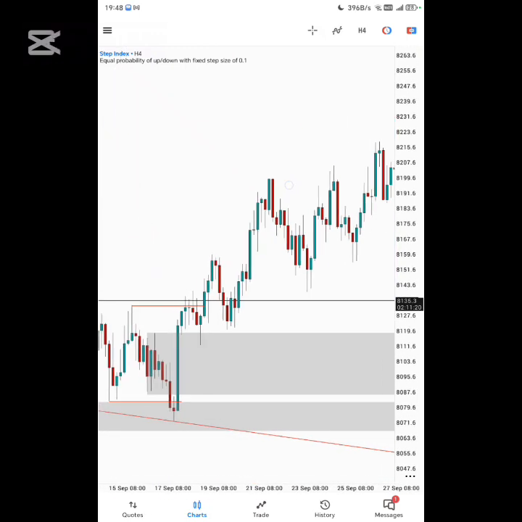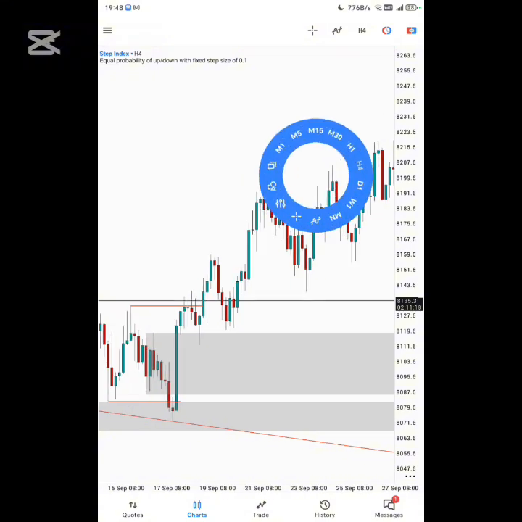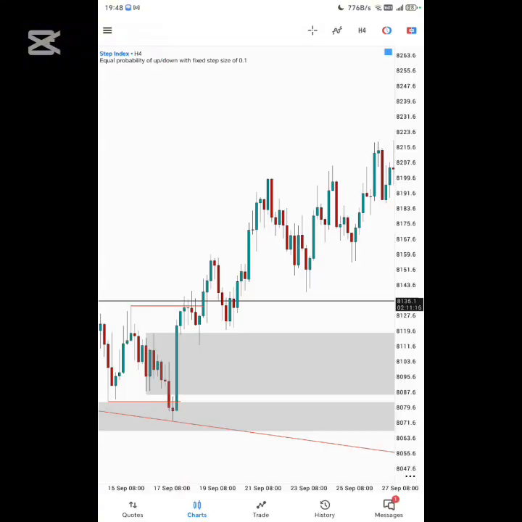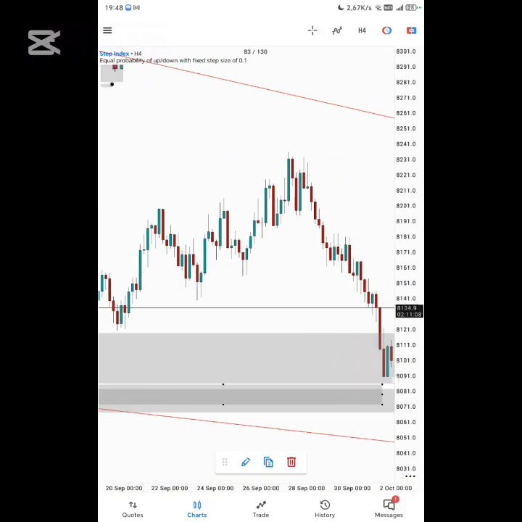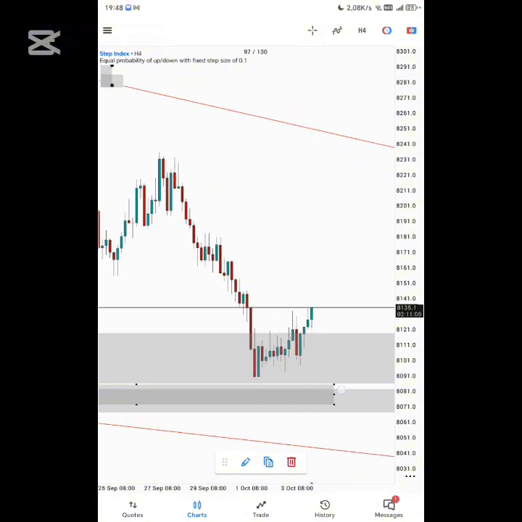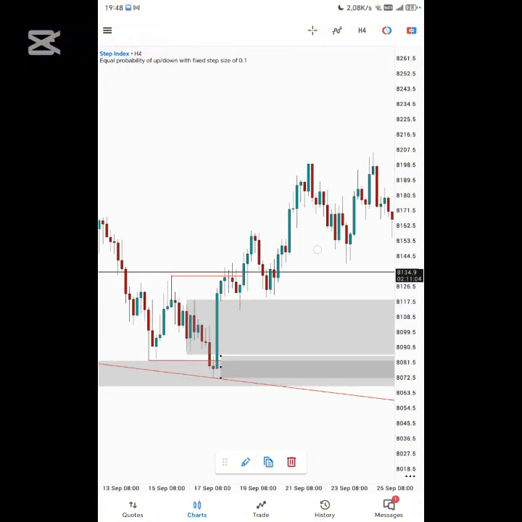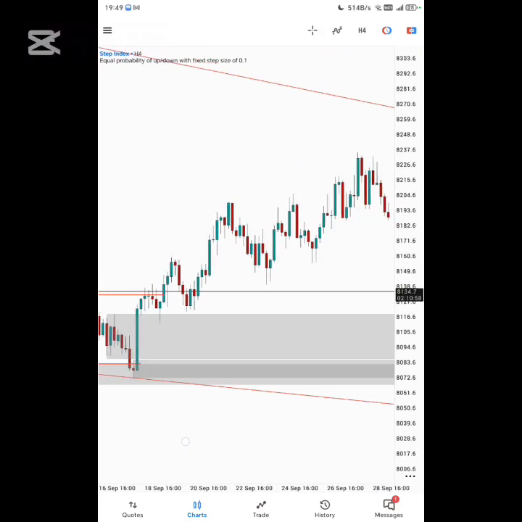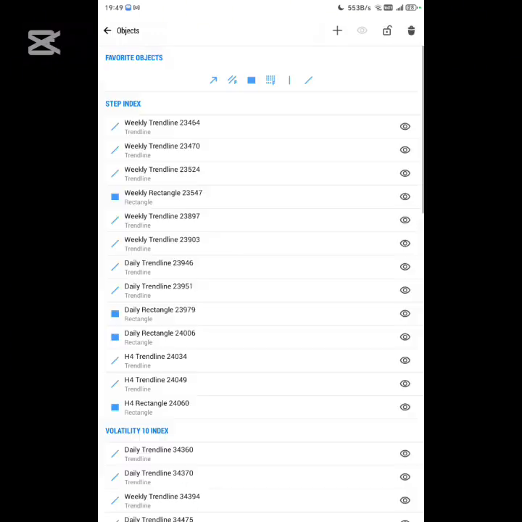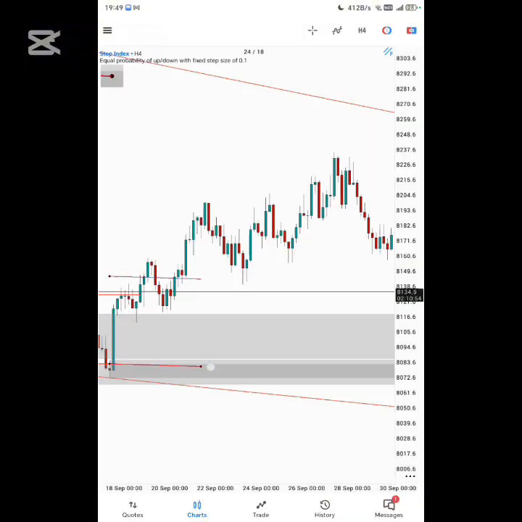We have the wipe, we have the imbalance on the 4 hour time frame. So that 4 hour imbalance order block is supported by the resistance area. So yes, I do believe it's going to drop a little bit before going up.